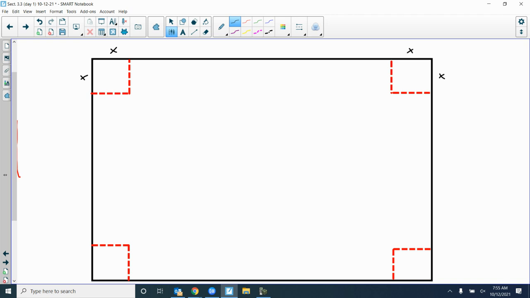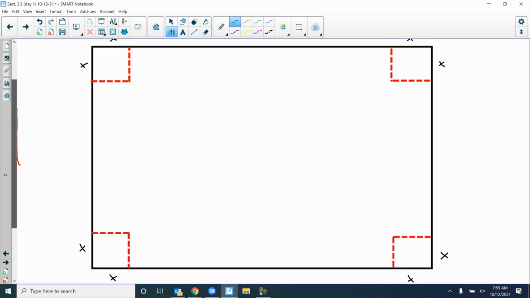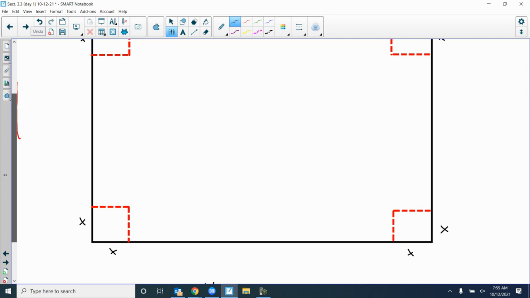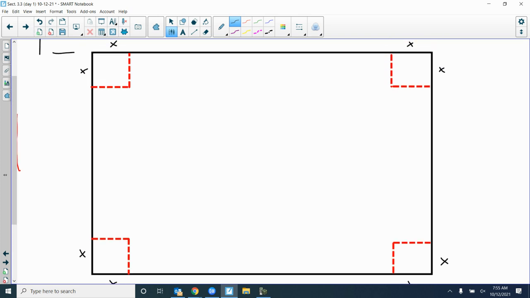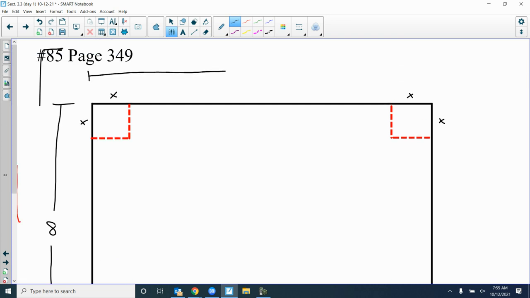Now, you're taking out a length of x on all these little corners. The original piece of paper or cardboard is 8 by 15. So this whole length is 8, and then the length up above here is 15.